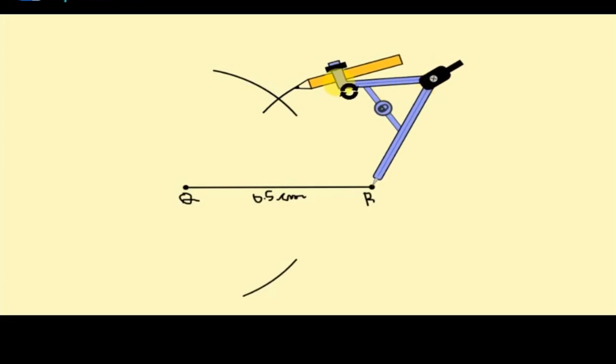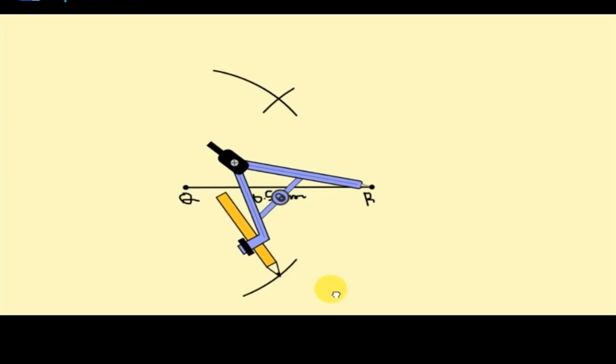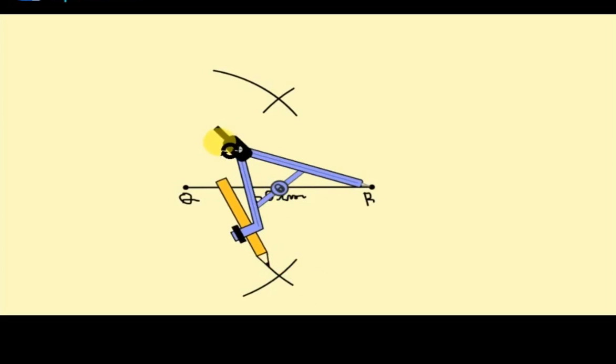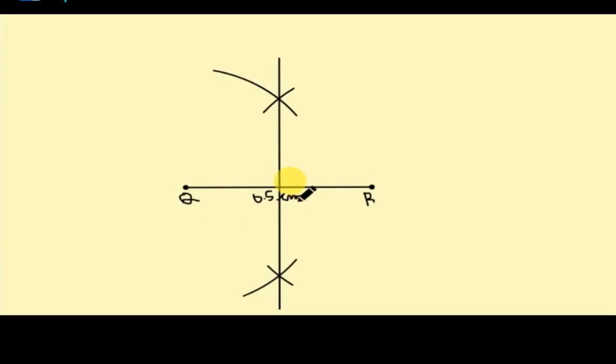Now join those arcs with the scale. So we have bisected our line QR. Mark it as point G.